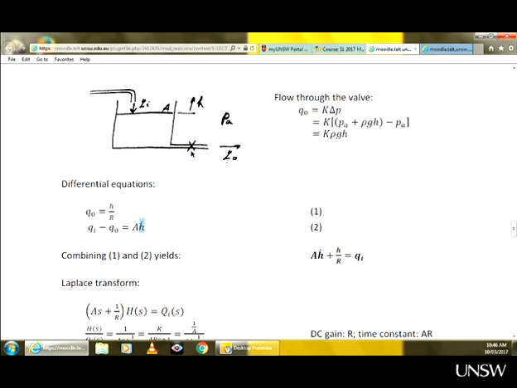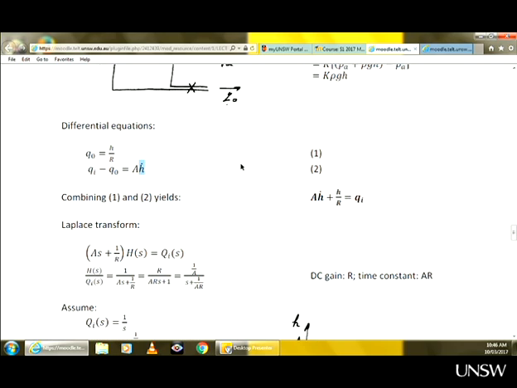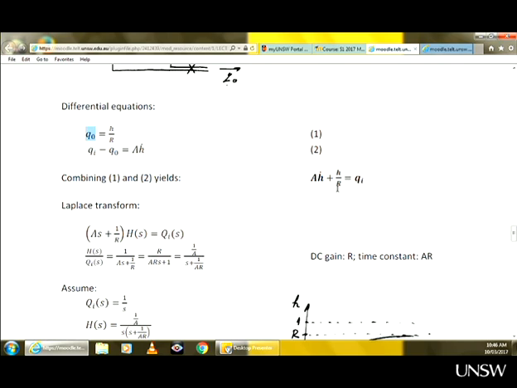To them, Qo would be the output. So if h is the output and Qi is the input, then let's get rid of Qo. If we do that, this is our differential equation. This is the mathematical model that describes our tank.